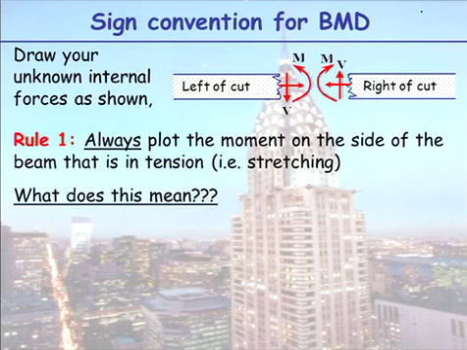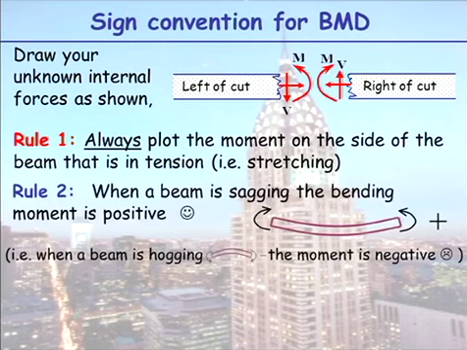Your bending moment always passes through zero at a point of inflection, because we always draw our bending moment on the tension side of the beam. So if I ask you, as I always do, where is the point of inflection in your deflected shape, you will find the point where your bending moment passes through zero. So always put the bending moment on the tension side of the beam.